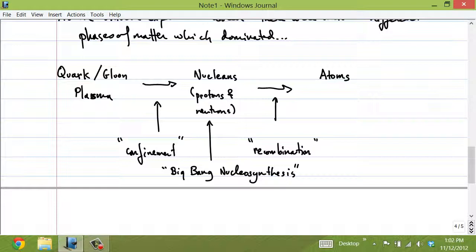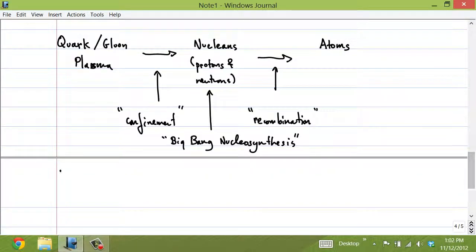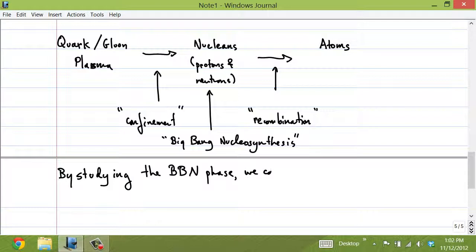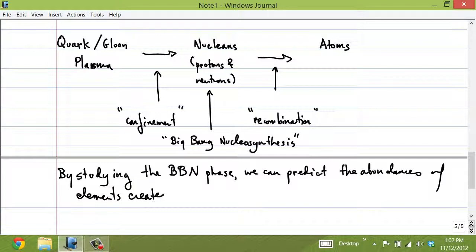So, for example, by studying this soup of particles that made up the Big Bang nucleosynthesis phase, we can predict the relative abundances of elements that were created at early times during the expansion of the universe.